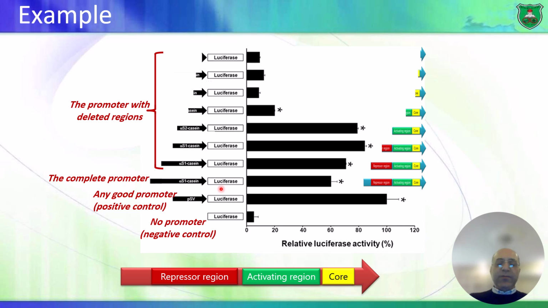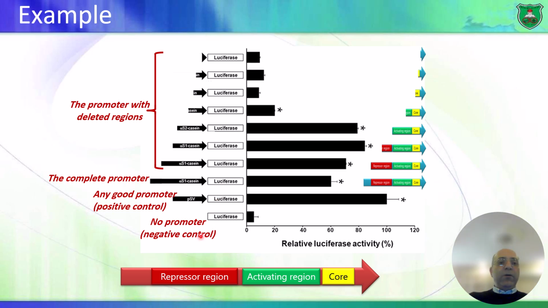A negative control is something that I know does not work. A positive control is something I know works for good. If the negative control works and produces luciferase, it means that there's something wrong. If the positive control that should work doesn't work, it means again that there is something wrong with the DNA that I've prepared.